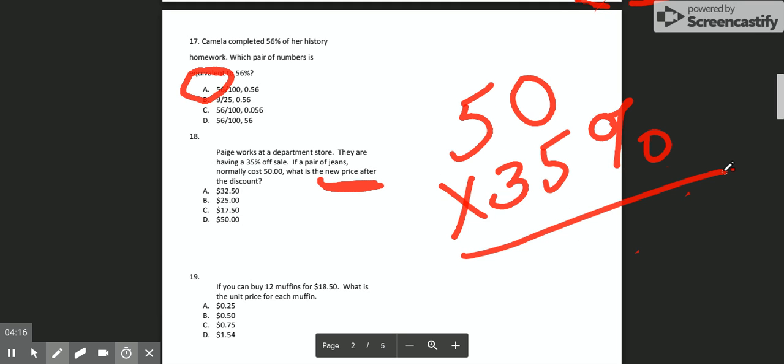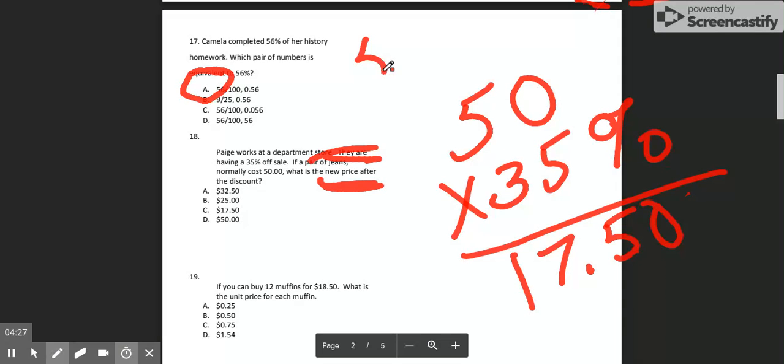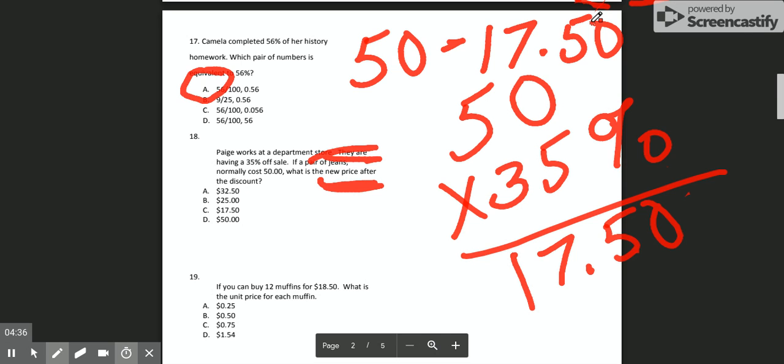So 50 times 35%, and you would get $17.50. And if it just asks for the discount, that would be it. But since it's asking for the new price, you have to subtract. So we're going to take 50 minus, because it's a sale, so you get money off, 50 minus 17.50. And that would get you $32.50.